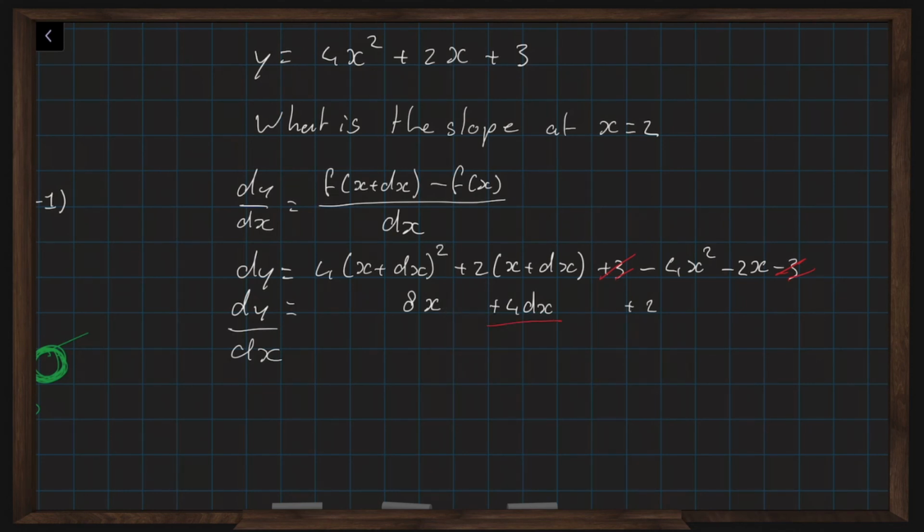And we've established that this one vanishes to 0 because dx is infinitely small. So we have our equation there. But we wanted to find the gradient at x is equal to 2. So we just plug that in. So that is equal to 8 times 2 plus 2, which is equal to 18.